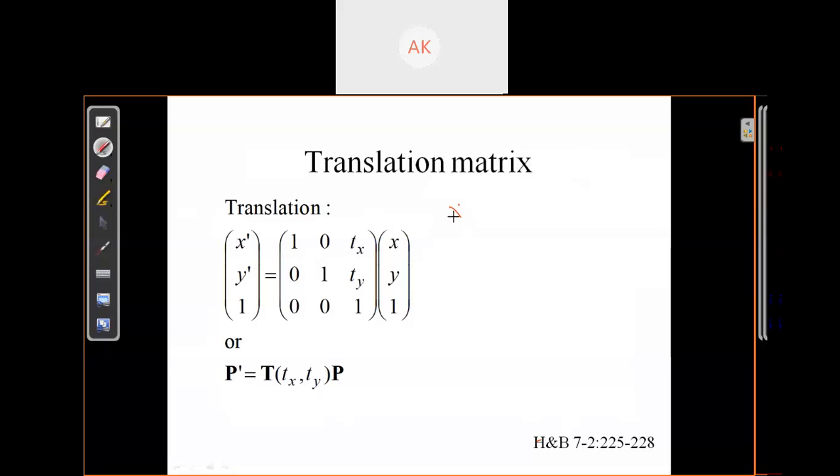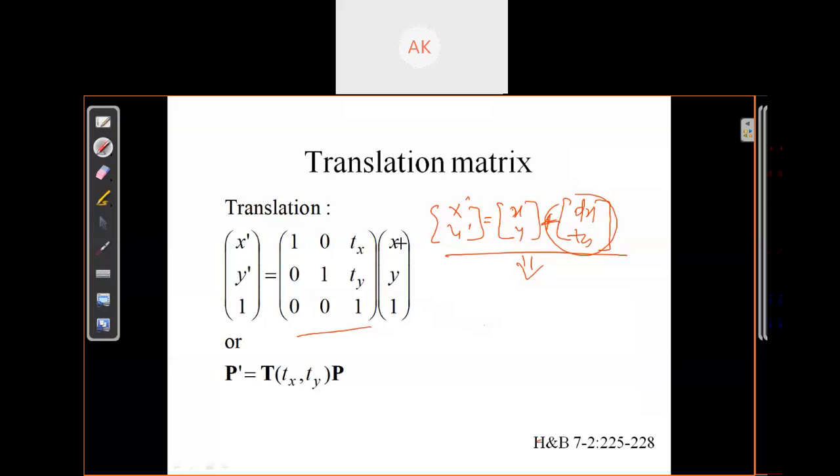Before this homogeneous coordinate, we were writing the equation of translation as x, y plus tx, ty. Here tx, ty is the additive term. Now we have changed this form into multiplicative terms. Now the equation is this, and when we calculate this, you will get this.